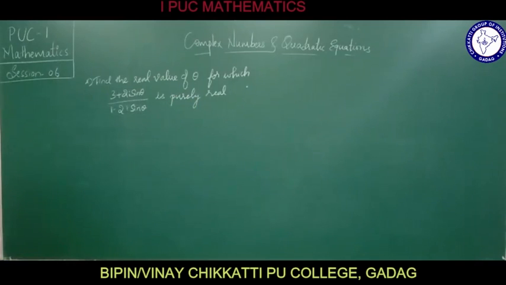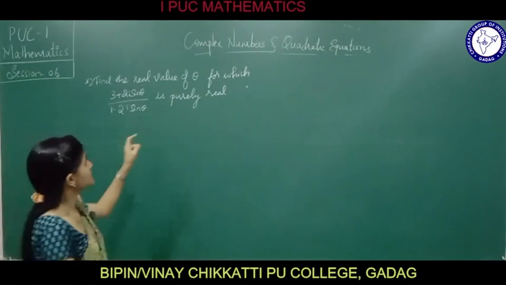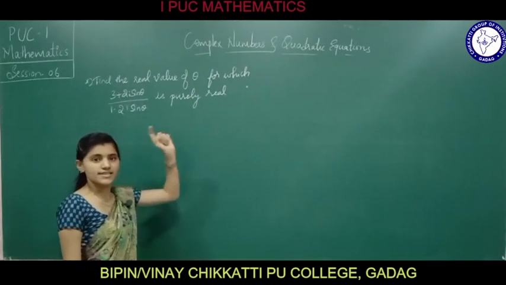See, we need to find out the real value of theta for which (3 + 2i sin θ) divided by (1 − 2i sin θ). They have told us clearly that it is purely real.